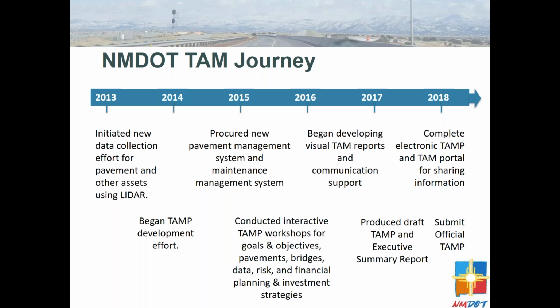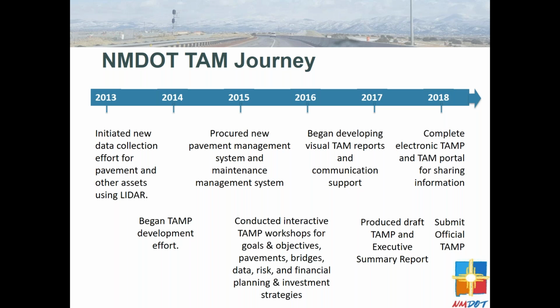We are using Agile Assets pavement management system, and shortly after that configuration was in place, we looked at our old maintenance management system and decided that it was time to upgrade that system, and we also went with Agile Assets on that in order to make sure that we could integrate all of our pavement improvements that are occurring during maintenance and with our maintenance forces, that we could get that data back into our pavement management system so that we really had a good basis to try to go forward with some predictions and planning.